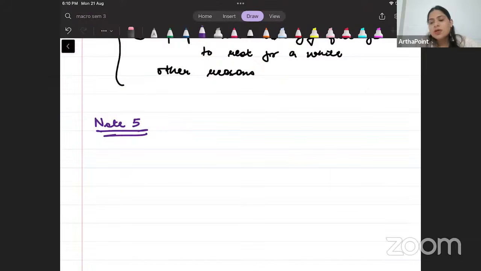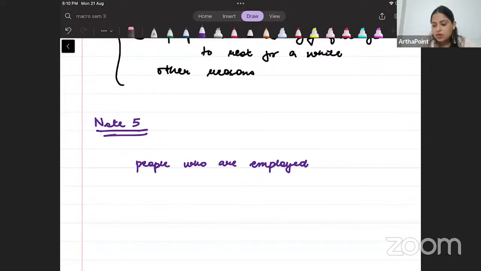It might be possible that now again I switch my job and I go into some other kind of job. So it is possible that people who are employed switch job, but remain employed.